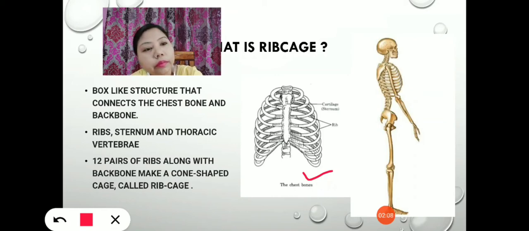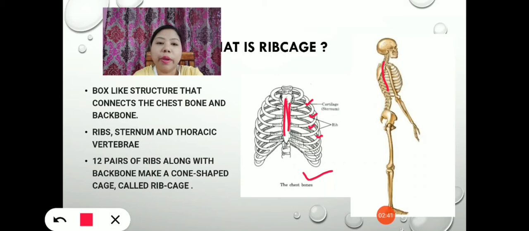The center broad bone is called the sternum, and the small bones attached to the sternum are called the ribs, and the thoracic vertebra is the part of the vertebral column which is connected to the rib cage. So these three components make up the rib cage: the ribs, sternum and thoracic vertebra.